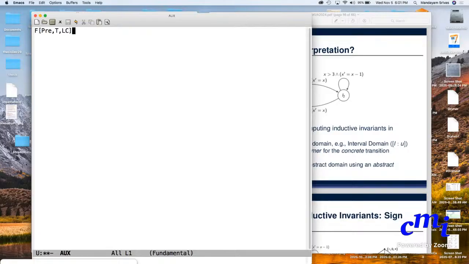Those are the parameters. What should this body be?